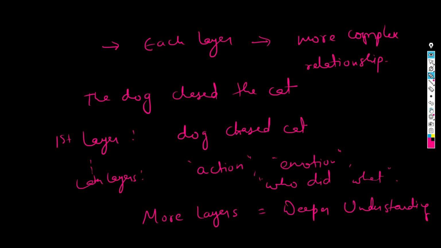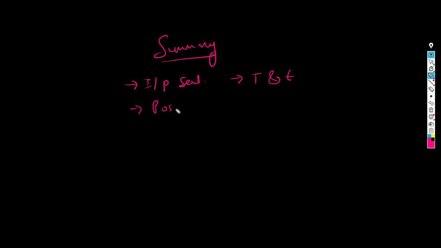Let's quickly summarize whatever we have seen so far, how the encoder works. We have an input sentence. First we tokenize and embed it. Then we add positional encoding onto the embedding as well.